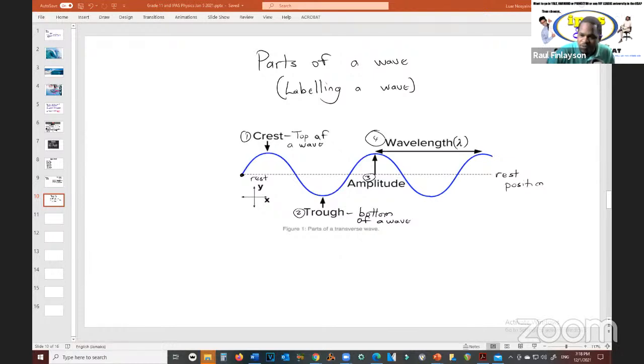So the wavelength is a distance between two same points on a wave. All right, so that's the wavelength.